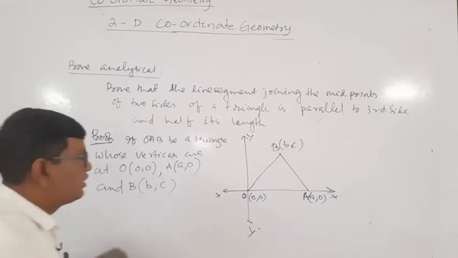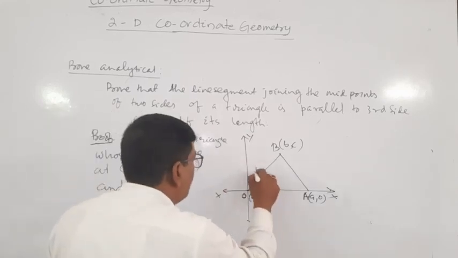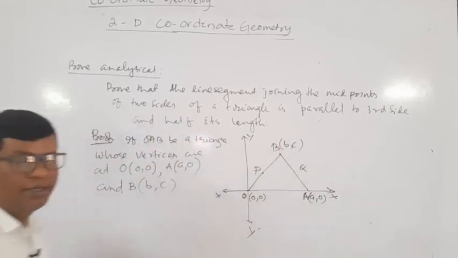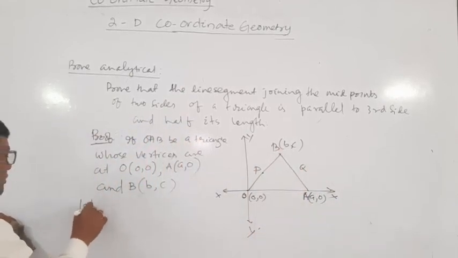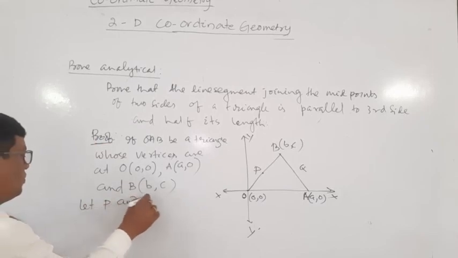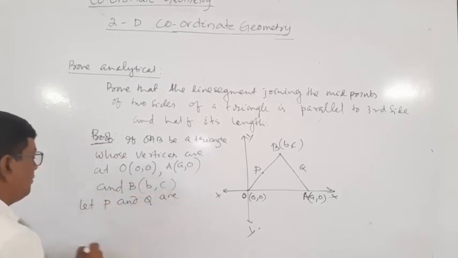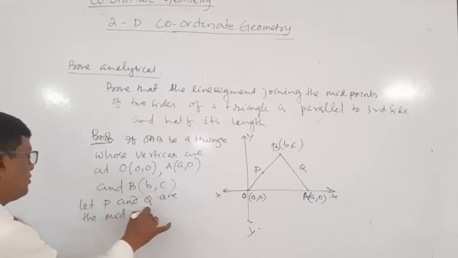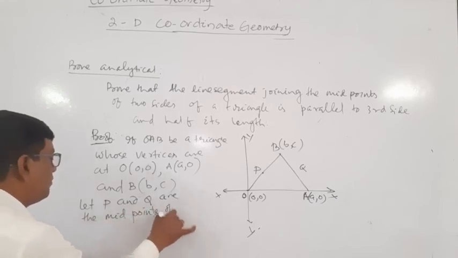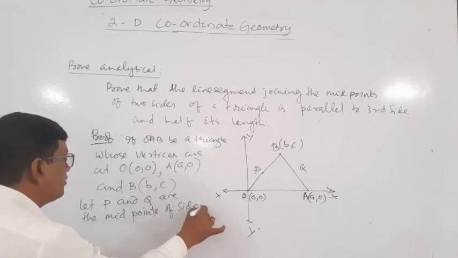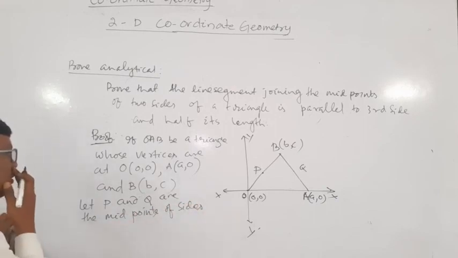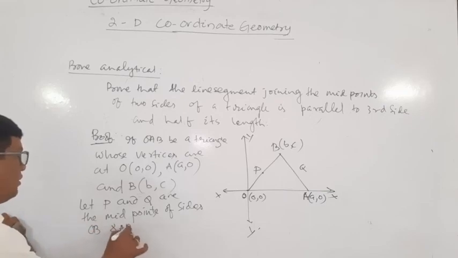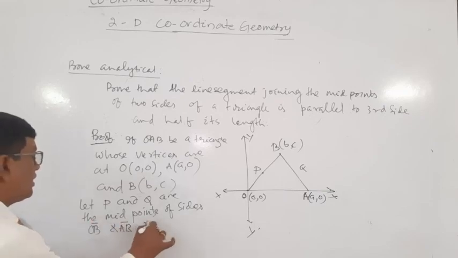Let P and Q be the midpoints of the sides OB and AB respectively.